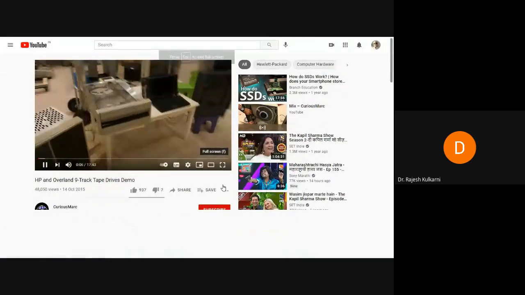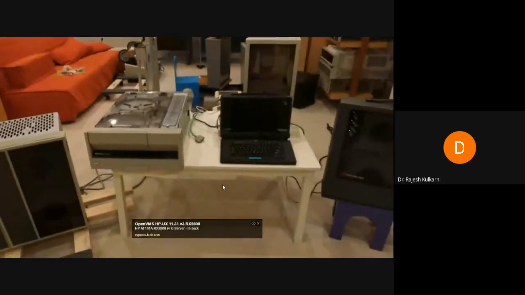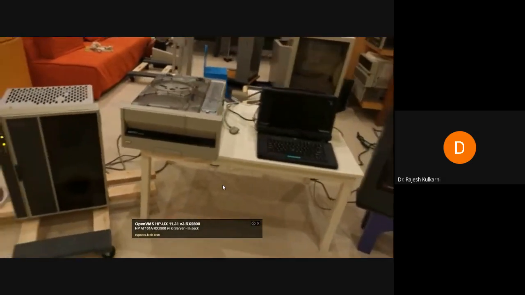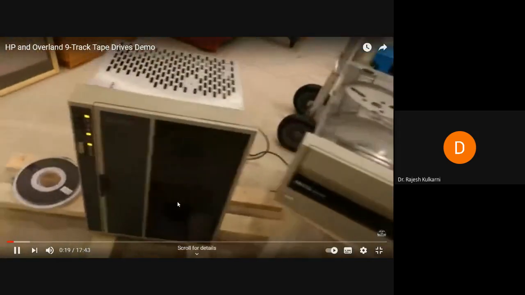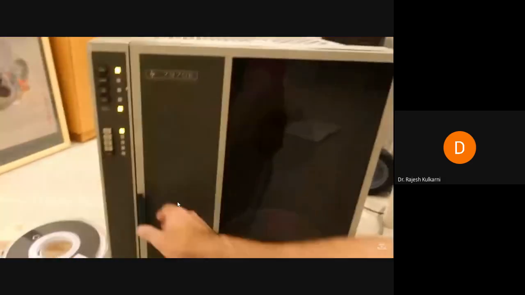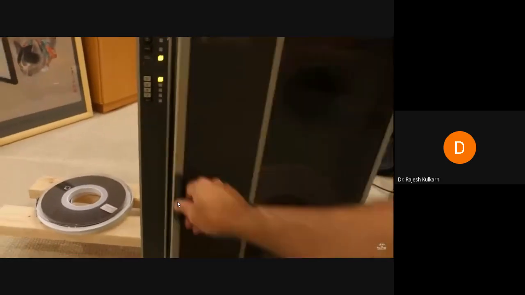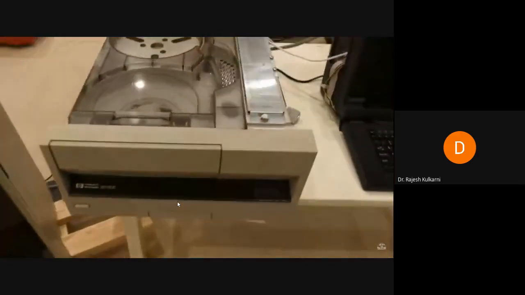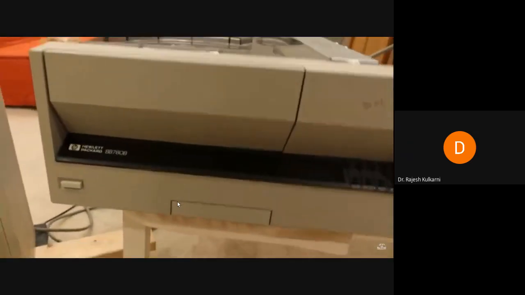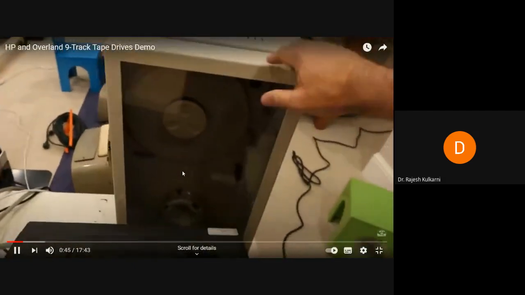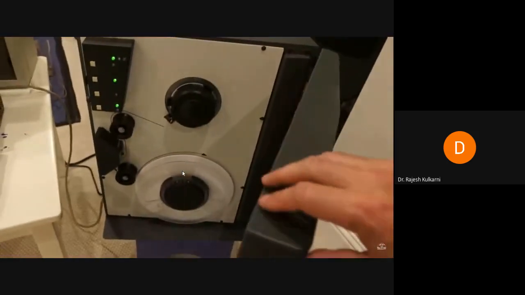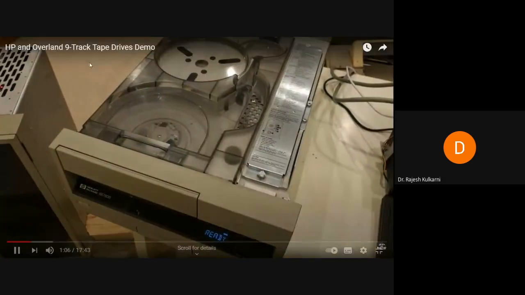Look at it very carefully. This is our tape device.